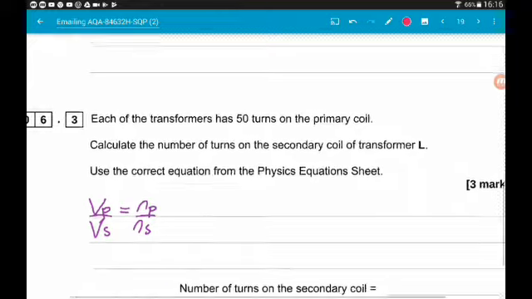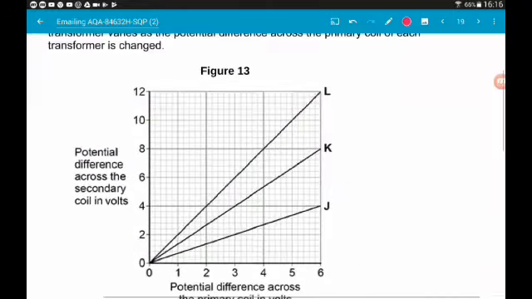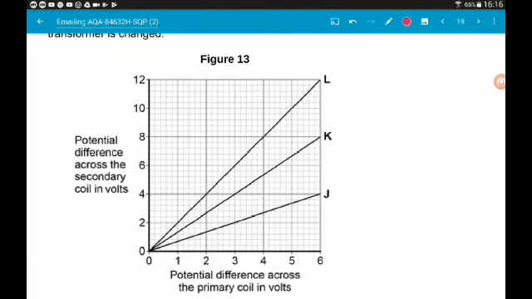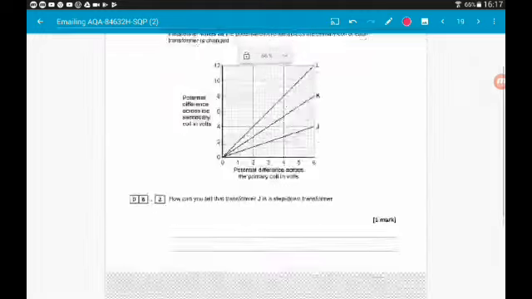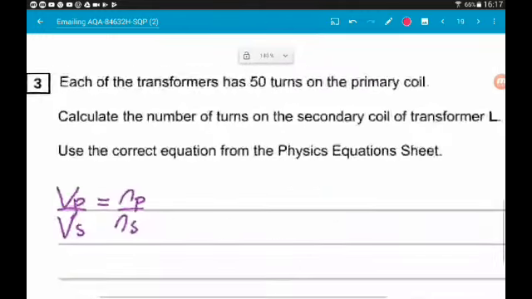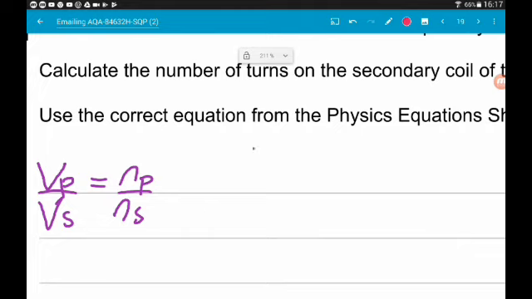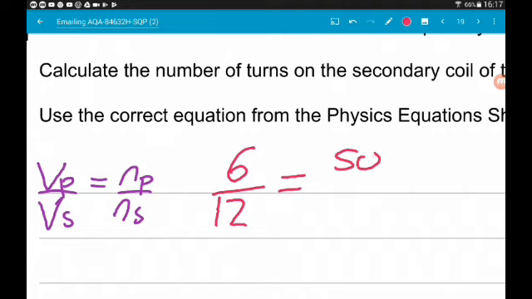So for transformer L, potential difference on the primary is 6, potential difference on the secondary is 12. So we know 6 over 12 is equal to, well, there's 50 coils on the primary, so 50 over the number of coils on the secondary.